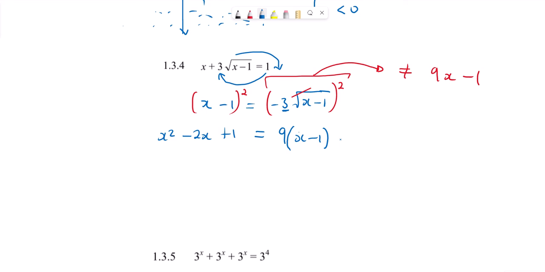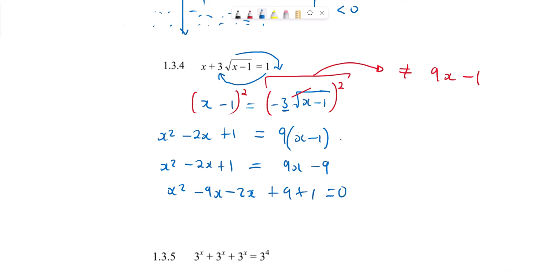So that is actually x squared minus twice x plus 1 is the same as, when we multiply through, 9x minus 9. Okay, we transpose now. X squared, I'm transposing 9, minus 9x minus 2x, I'm transposing 9, plus 9 plus 1 is the same as 0.